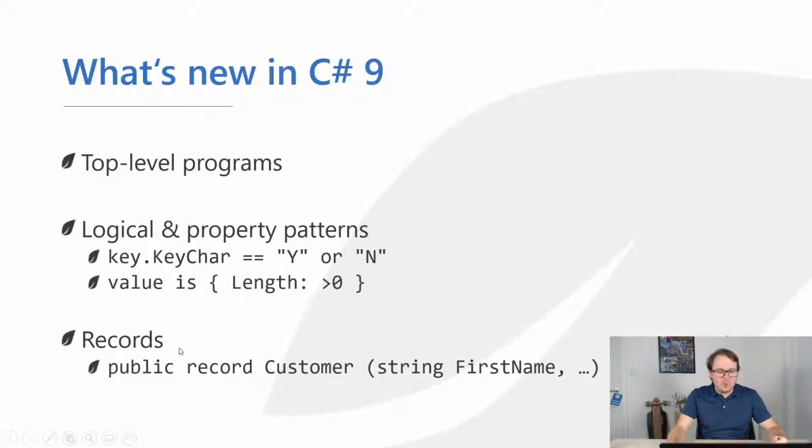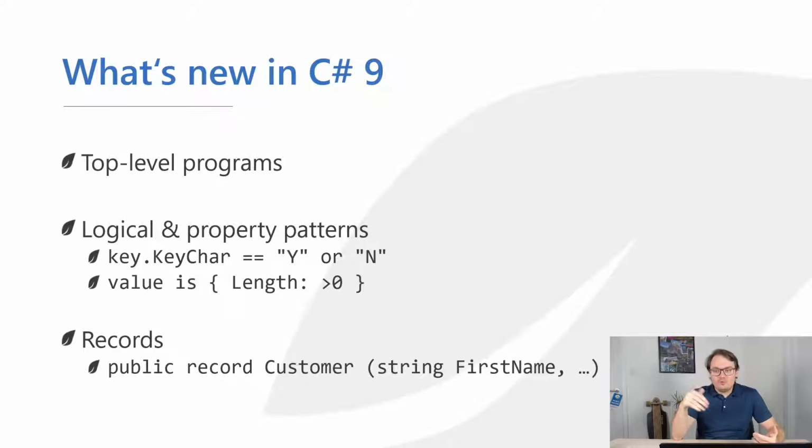First is this one-liner where you can just say public record, name of the class, and then you just list all these parameters as it would be in a constructor, and they are also exposed as public init-only members. There is also an option to declare a record as a normal class, so it would be public record Customer and then curly braces. And inside that, you can declare the properties on your own.